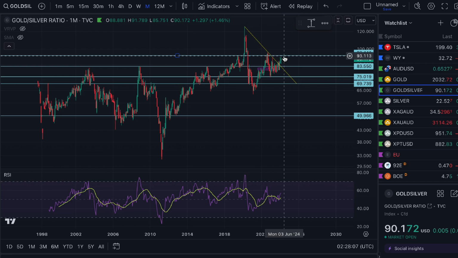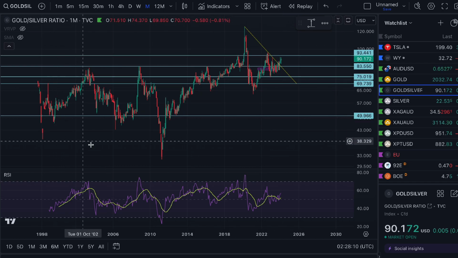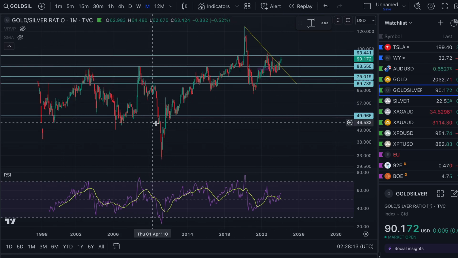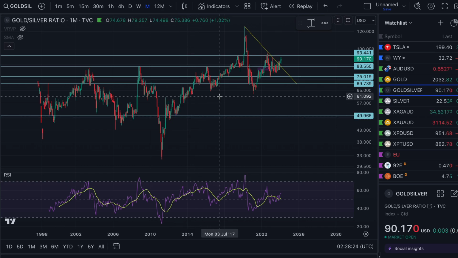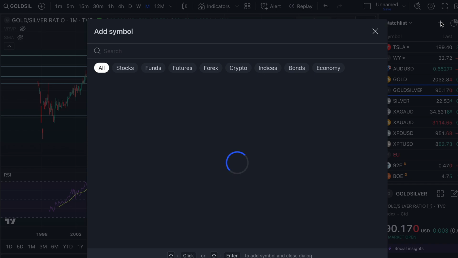Lastly, if you would like to track the gold to silver ratio yourself, of course, you could pause this video and take a screenshot, but if you want to check it out live, you could do a Google search for gold to silver ratio and find a chart. But if you wanted, you could head over to tradingview.com. Go to the interactive chart section, and go over to this side over here and press add symbol.